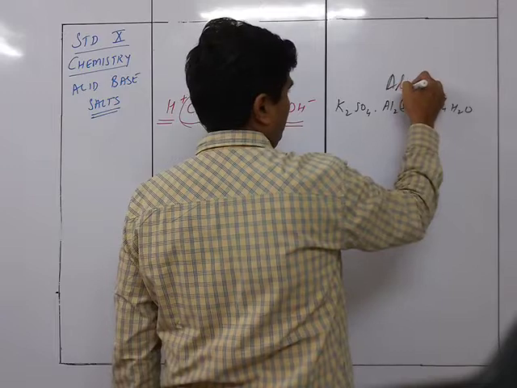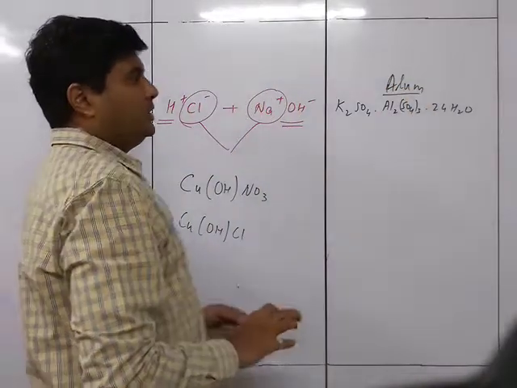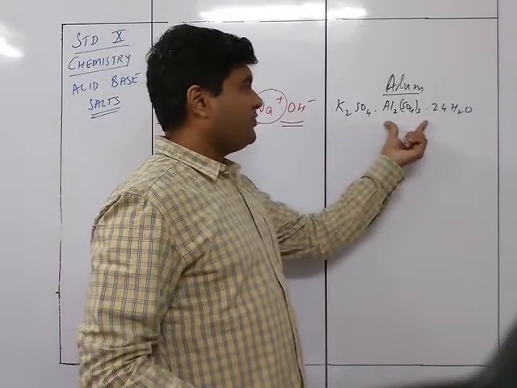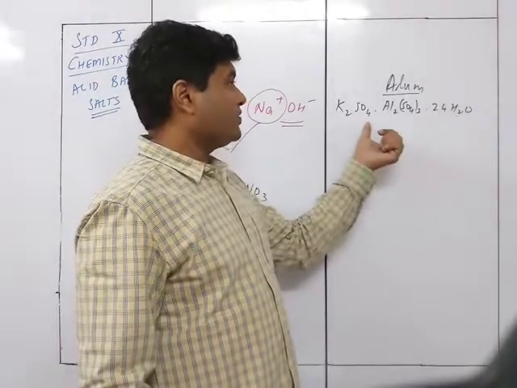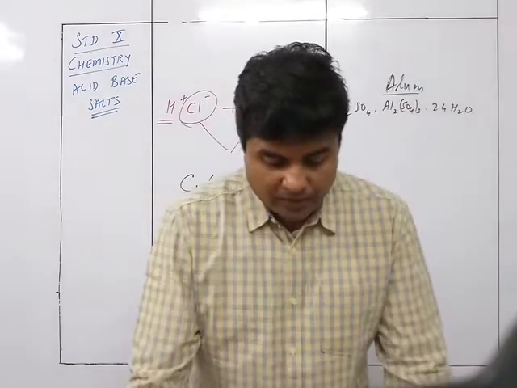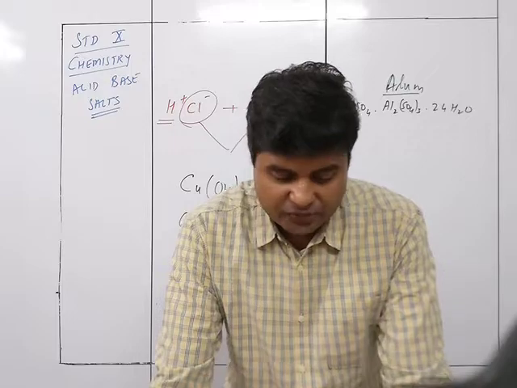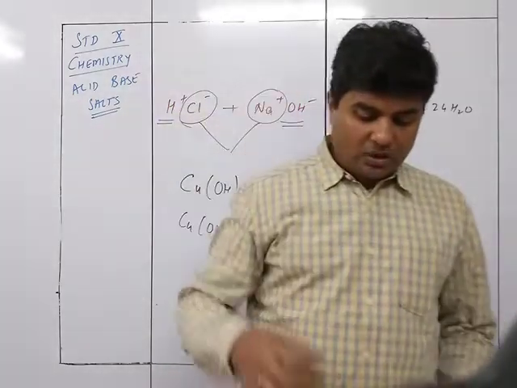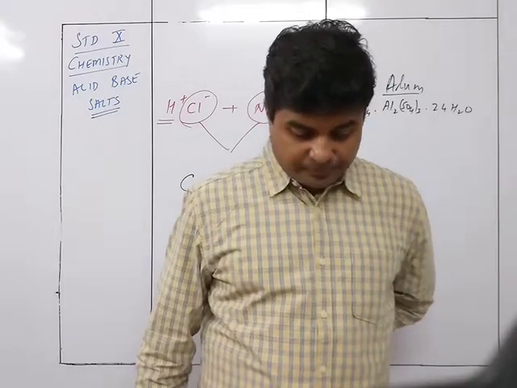Very, very important at certain times. Alum is a double salt of potassium sulfate and aluminum sulfate mixed with 24 waters of crystallization. Similarly, ferrous ammonium sulfate is a double salt made up of ammonium sulfate and ferrous sulfate.